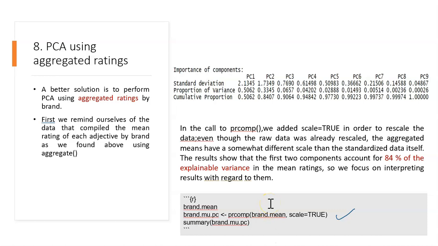Here you can see that the first principal component explains 50% of the variance and the second explains 33%. Combined, these two components explain a total of 84% of the variance, which is very good, so we can focus on interpreting results with regard to them.